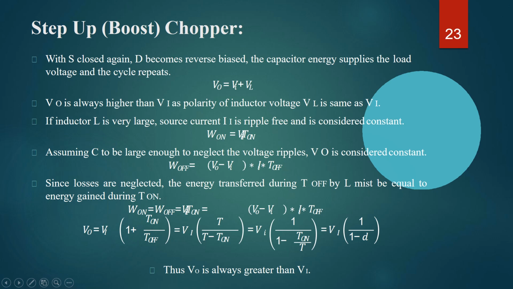So that means when this S is closed, the diode D becomes reverse biased. So let us study the circuit. So let this be Vs, or it is Vi rather.